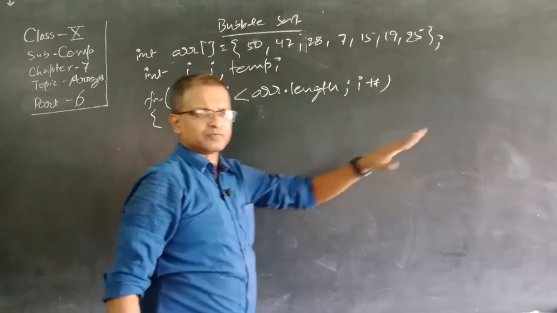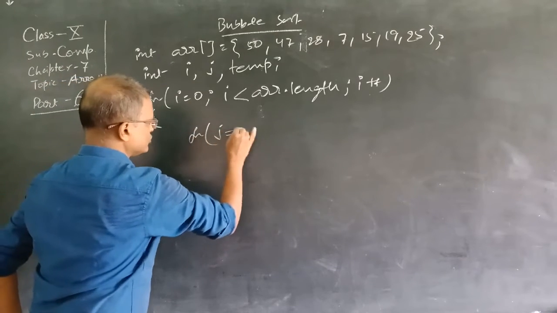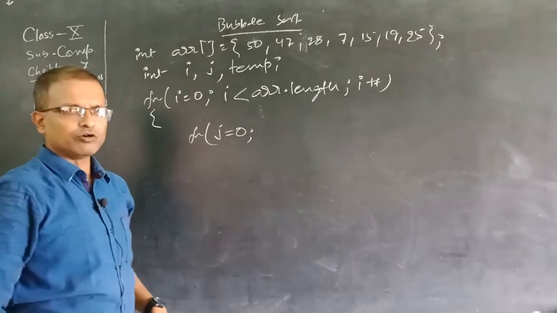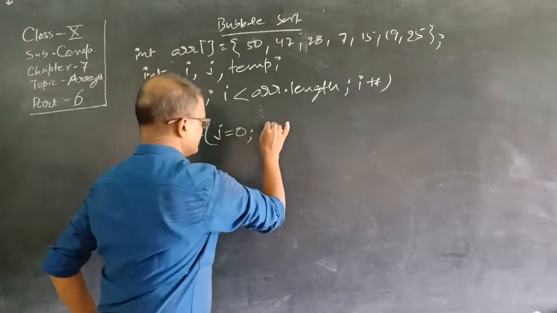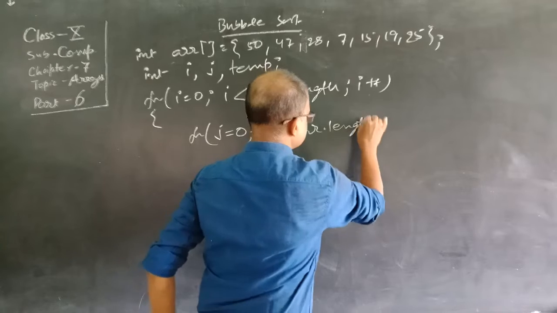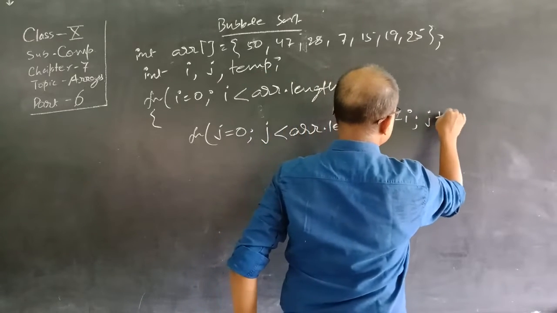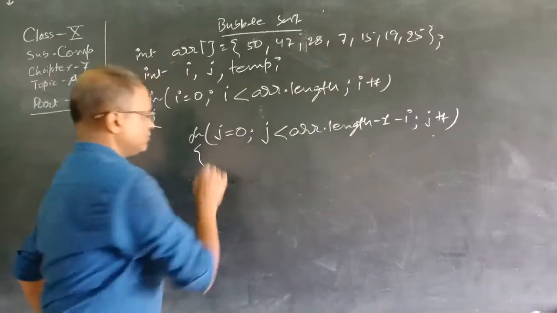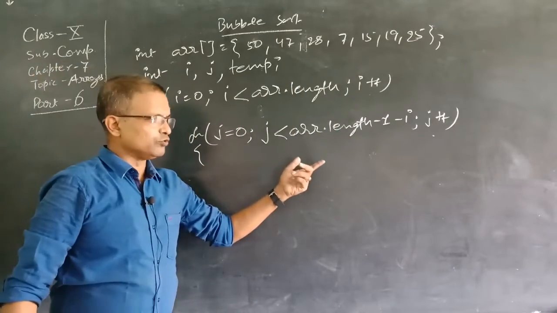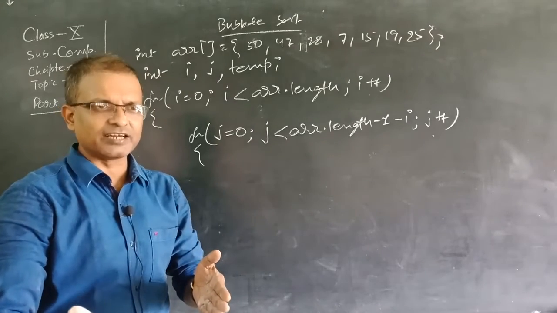the last element. Now the second loop: for j equal to 0, j less than arr.length minus 1 minus i, and j++. This loop is used to compare whether the first element is larger than the second or not.